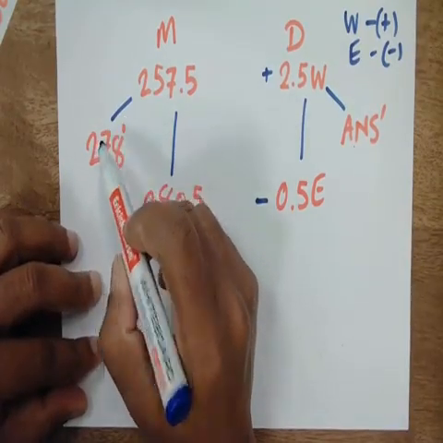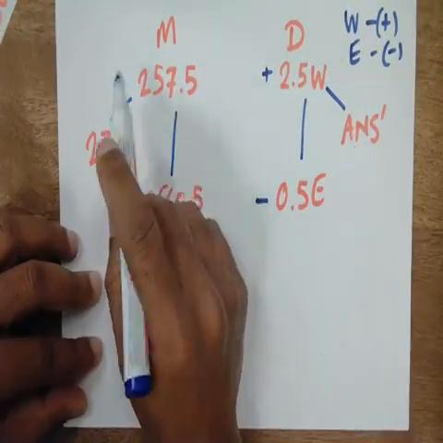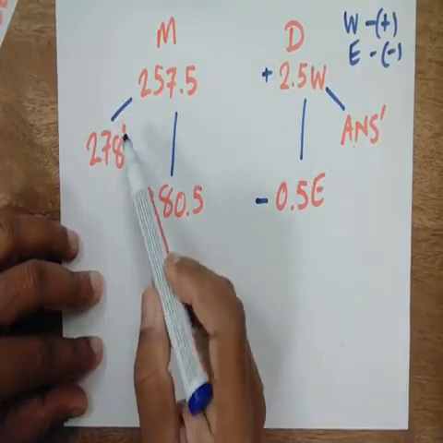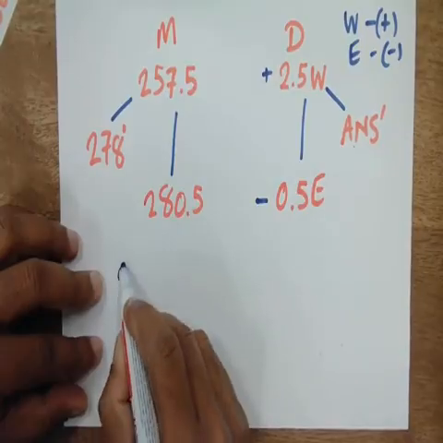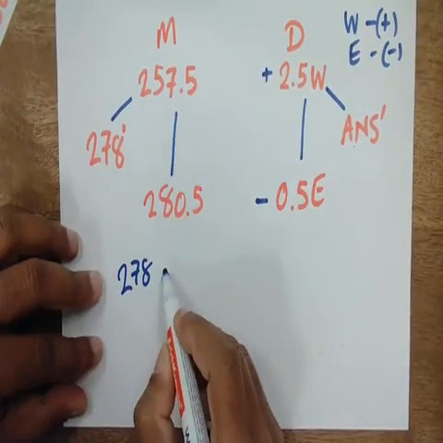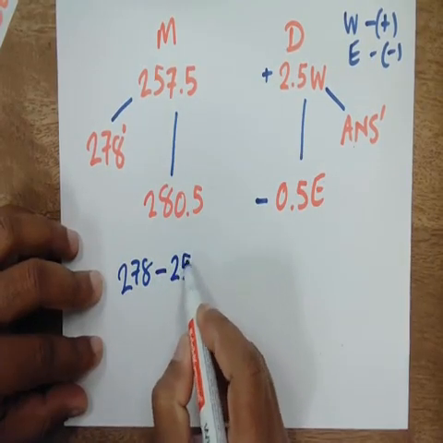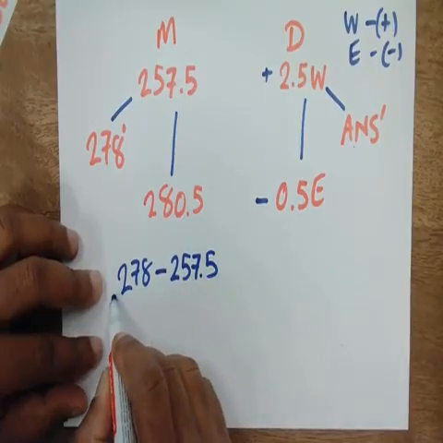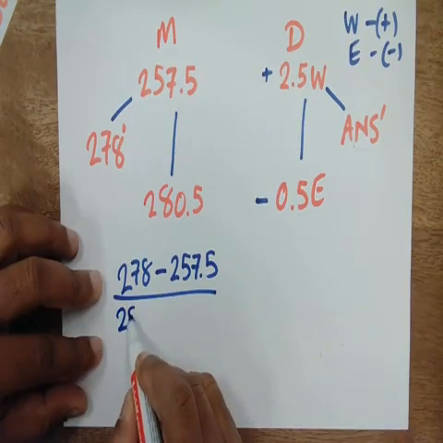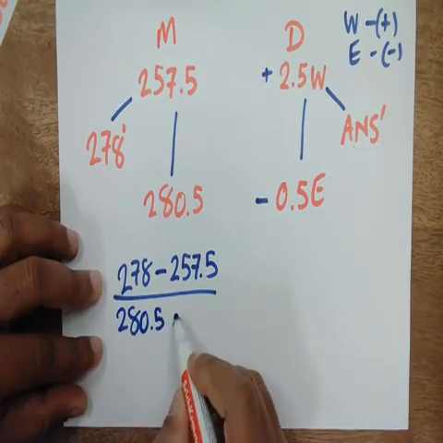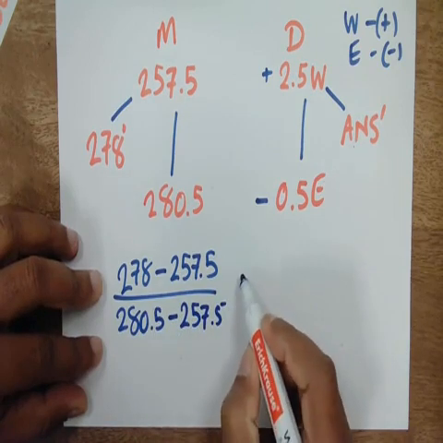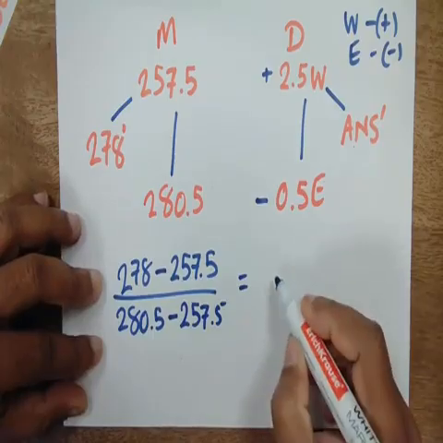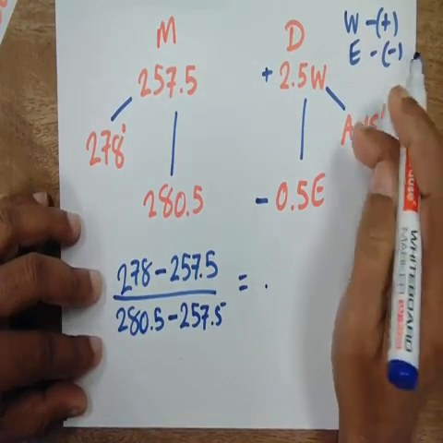So it is going to be 278 minus 257 decimal 5, divided by 280 decimal 5 minus 257 decimal 5, is equals to the difference between these two.